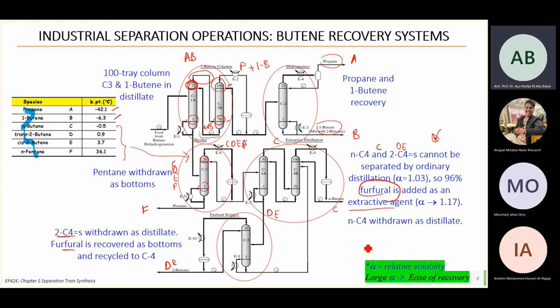The relative volatility should be more than one. The more than one, the easier to separate. The ease of recovery: larger relative volatility, it will be easier to recover.